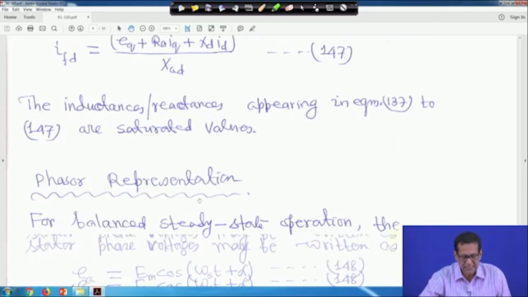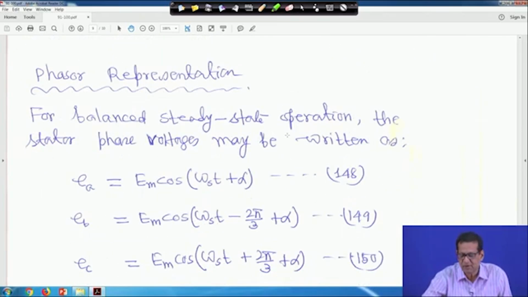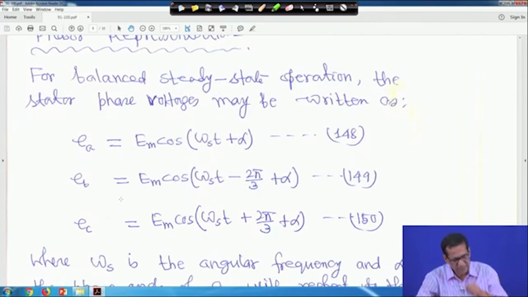So, next is the phasor representation. For balanced steady state operation, the stator phase voltages may be written as EA is equal to EM cos omega st plus alpha, right. And similarly, EB is equal to EM cos omega st minus 2 pi by 3 plus alpha, a 120 degree phase shift.